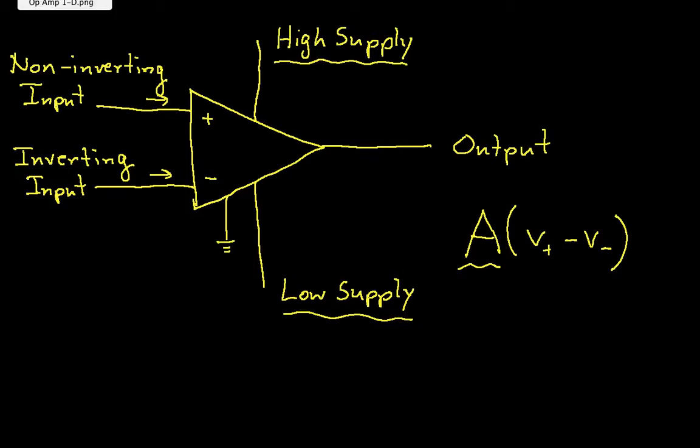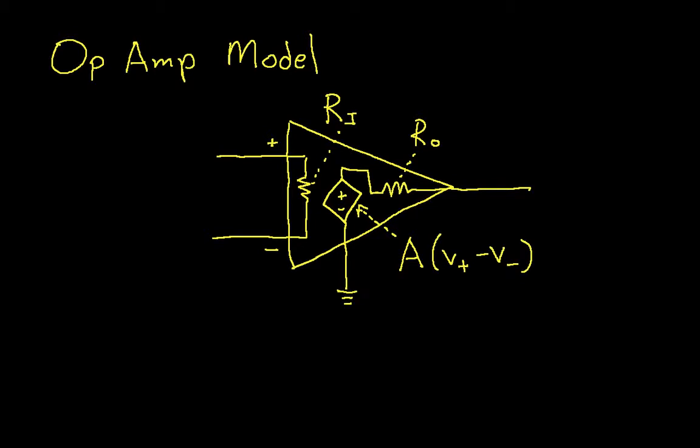A more detailed model of an op-amp is the following. The plus sign here is the non-inverting input. This is the inverting input. They're connected together by a resistor, and the resistor is called the input resistance. Again, typically this input resistance is pretty big.